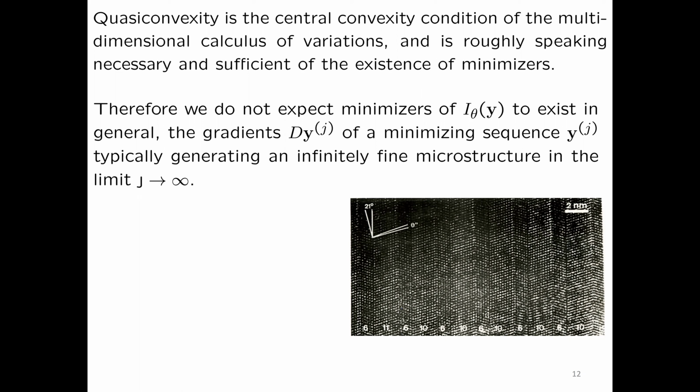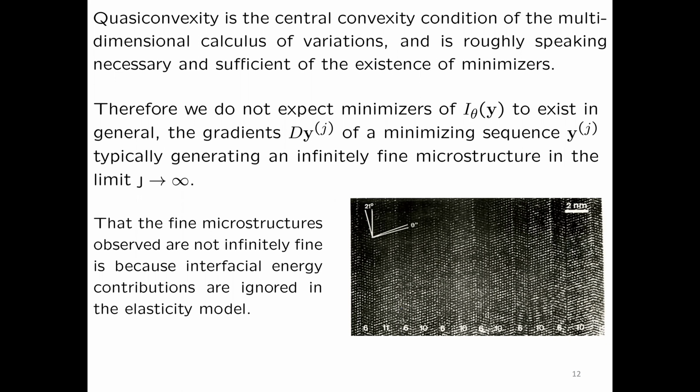But instead the gradients Dy_j will generate an infinitely fine microstructure in the limit as j goes to infinity. And of course, here the microstructure is not infinitely fine, and that's because we've ignored terms in the energy due to interfaces, where the atomic environment is slightly different from if you're in the middle of a band, for example.